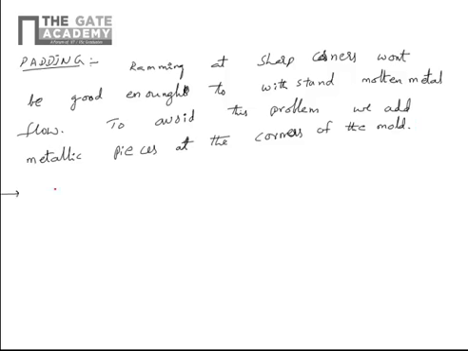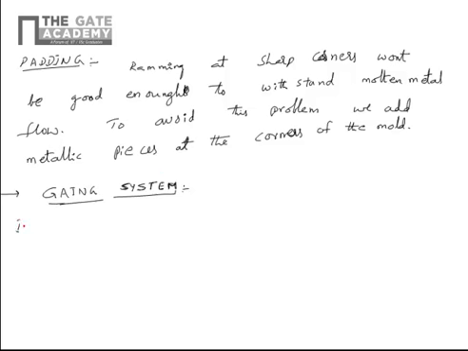Next one, gating system. So the molten metal we pour into the casting cavity, right? So how it has to flow, the entire mechanism is called the gating system.